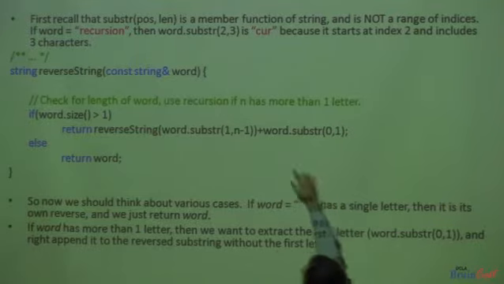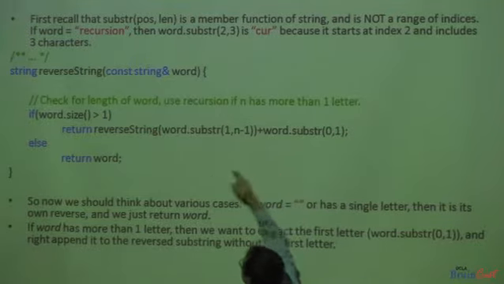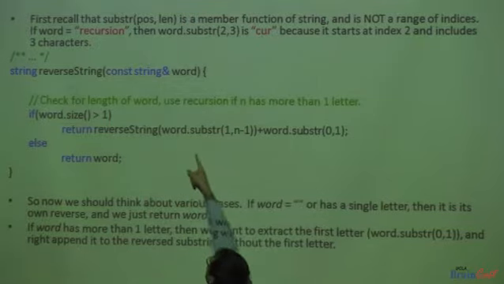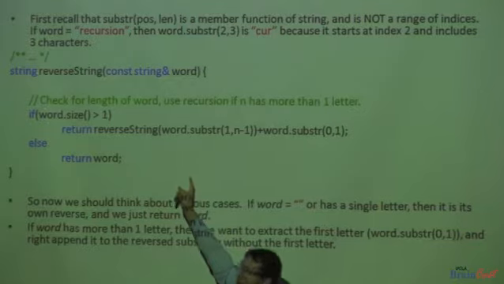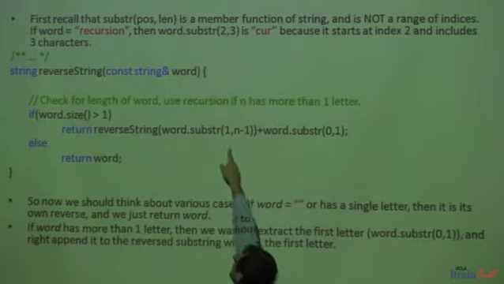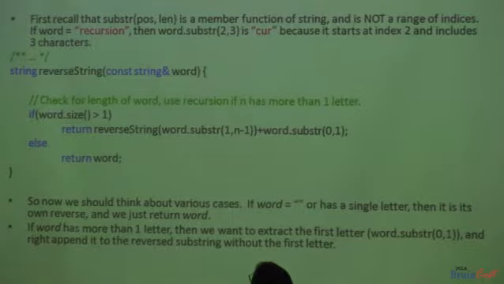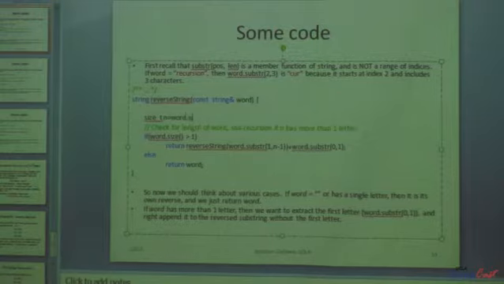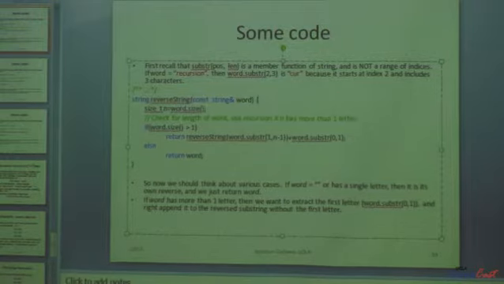Then we want to add that to reverse string of word.substr starting at index 1, or in other words, starting at the E, and consisting of, oh, I guess I left out the N. Okay, looks like I should have it like so.